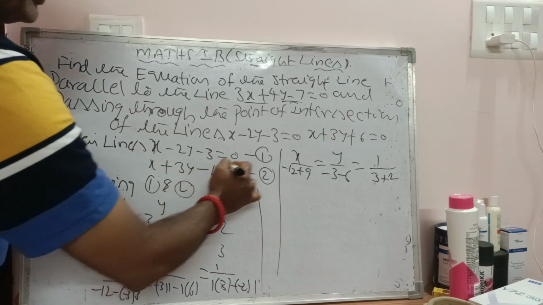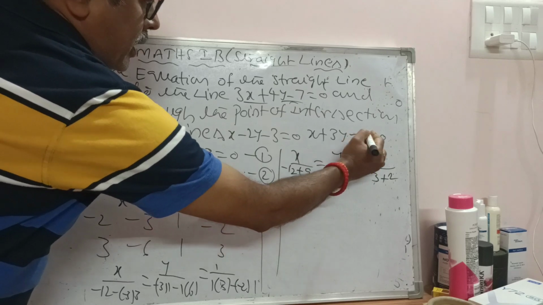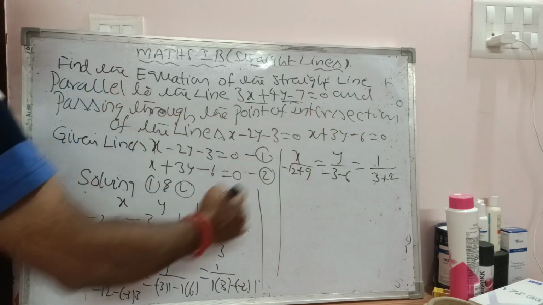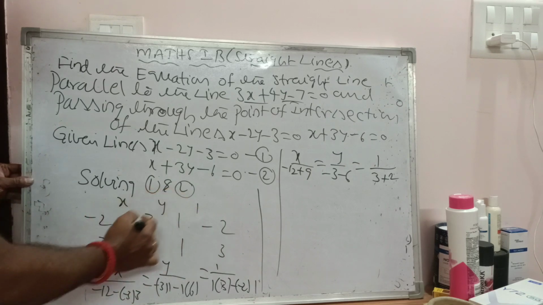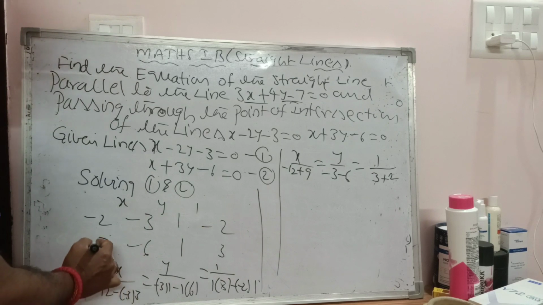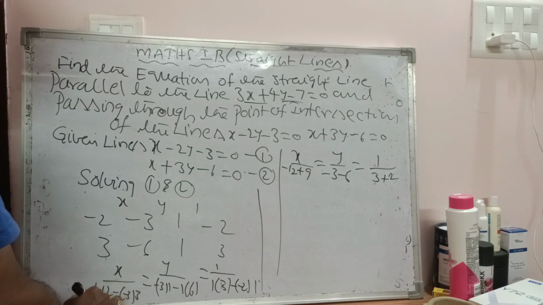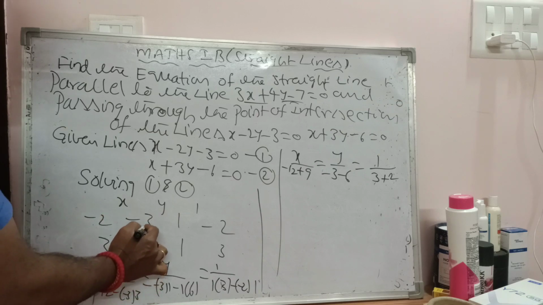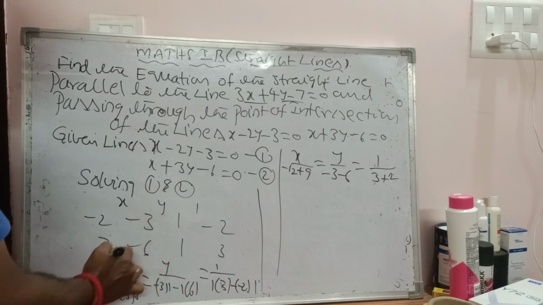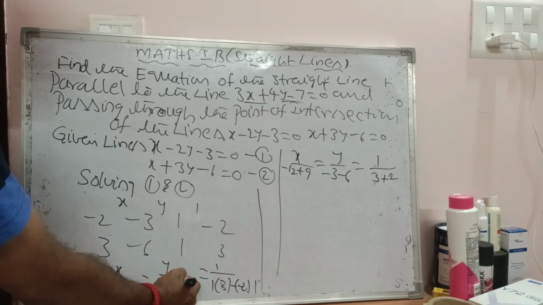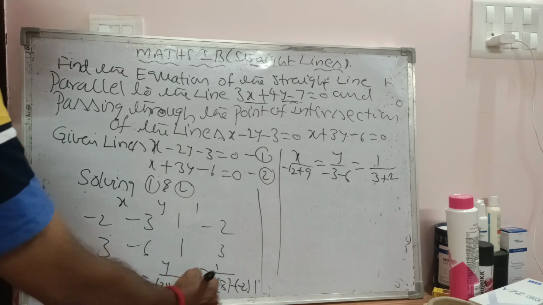Here we are solving these two equations. X minus 2y minus 3 is equal to 0 and x plus 3y minus 6 is equal to 0. Solving 1 and 2 we will get x by minus 2 into minus 6 minus 3 into 1, minus 1 into 6.